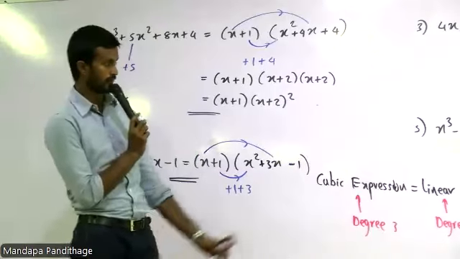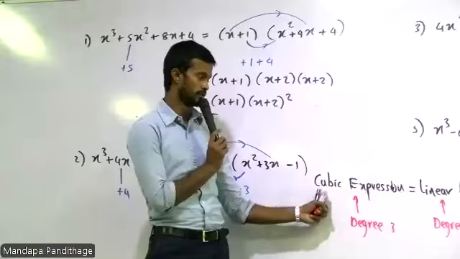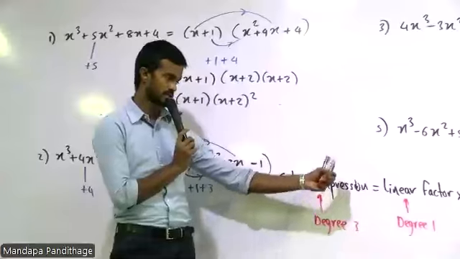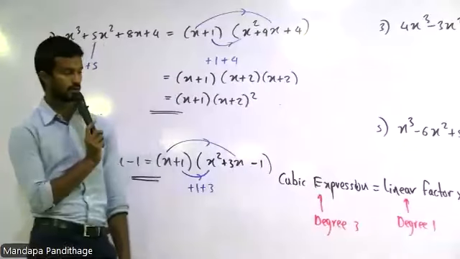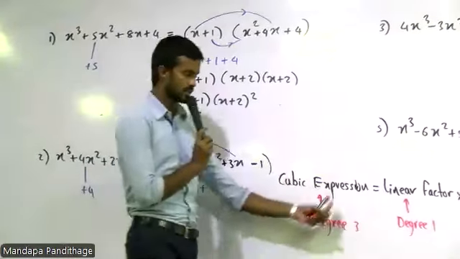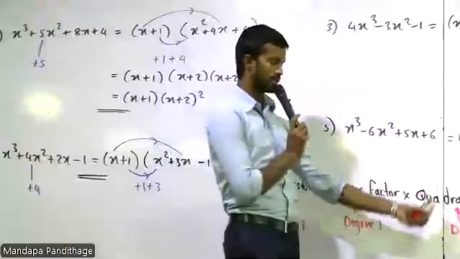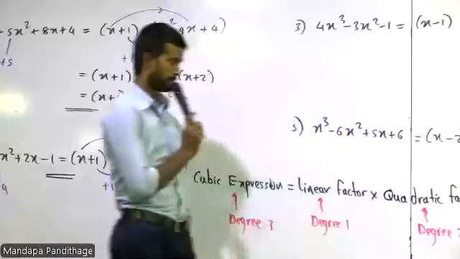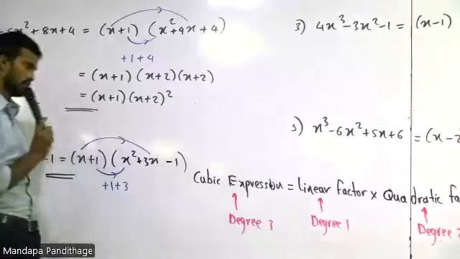Then write this in the middle of the book. Cubic expression is equal to the linear factor into quadratic factor. And show that the degree is 3, the degree is 1, and the degree is 2.